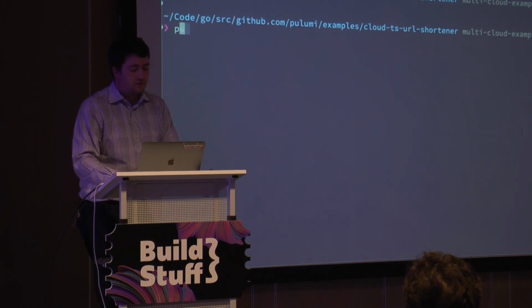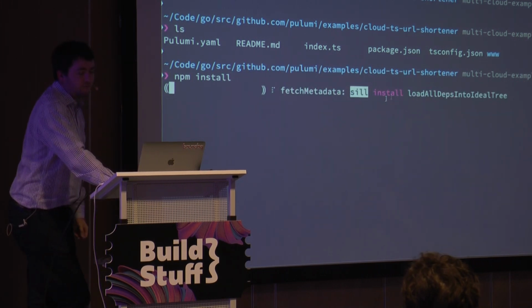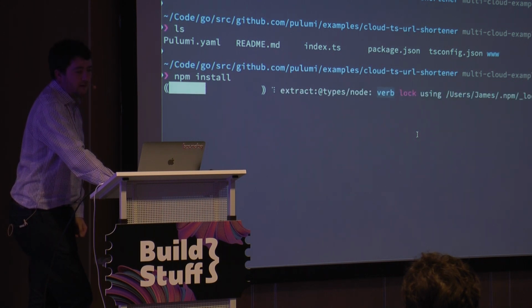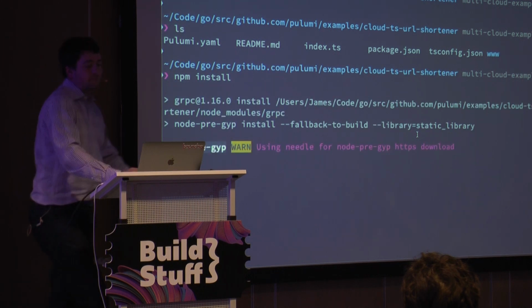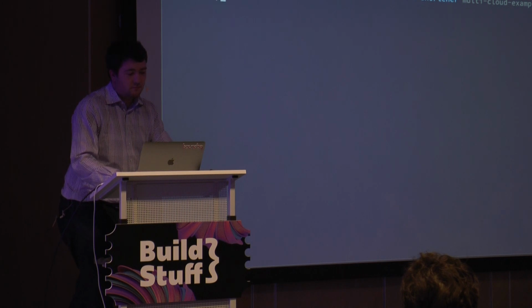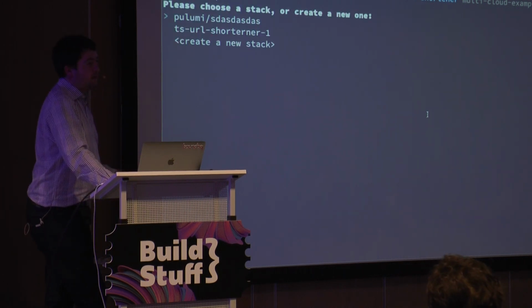So if we go and install all the dependencies, because node. It really does download a lot of dependencies, huh? Okay. So bear in mind that program didn't mention a single AWS resource. It didn't talk about Dynamo.